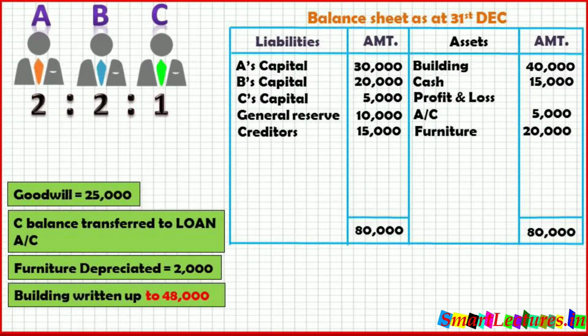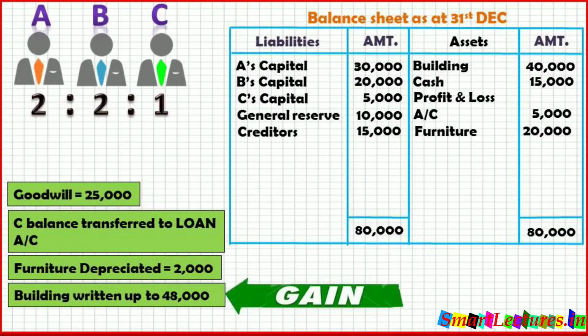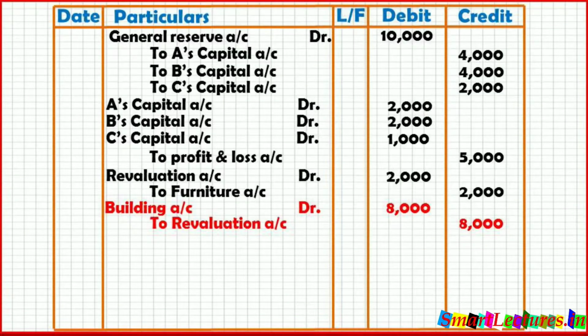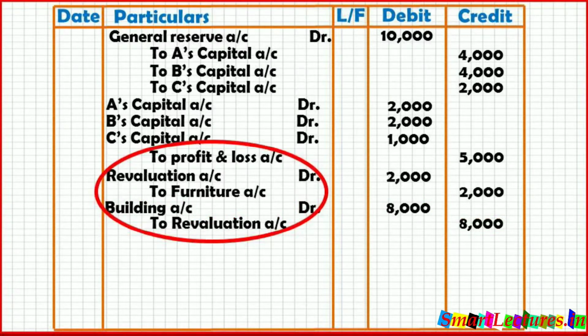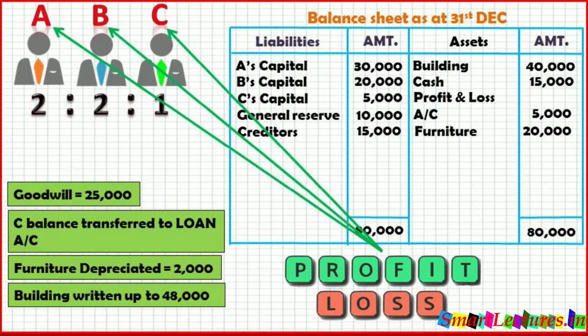Up to 48,000 means this value will be taken up to 48,000. It means there will be increase of rupees 8,000 in the value of building. It's a gain. So the journal entry will be building account debit to revaluation account rupees 8,000. So there are only two transactions of revaluation account. So it means there must be some loss or profit which must be distributed among A, B, C.